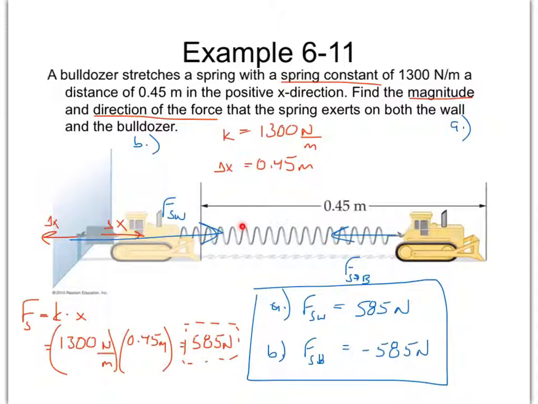Like I said before, Hooke's law is nothing more than a means by which to find a force as a result of some spring being stretched. So you've got the spring constant, and you have some displacement that it is being stretched. You can solve for whatever unknown you don't have.